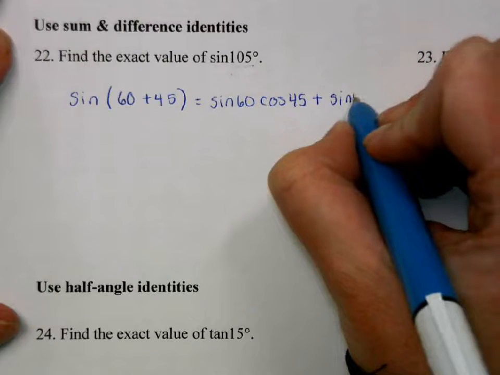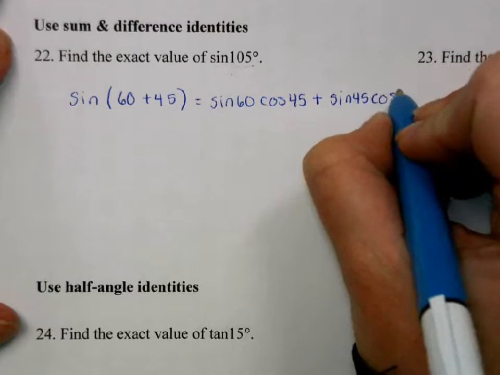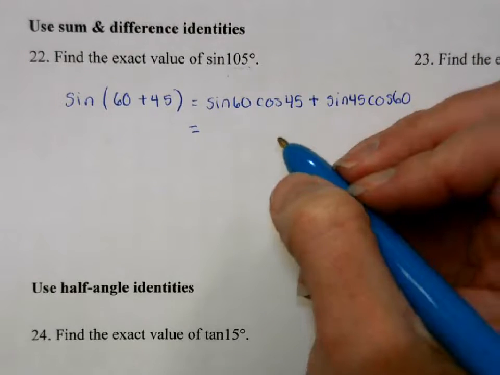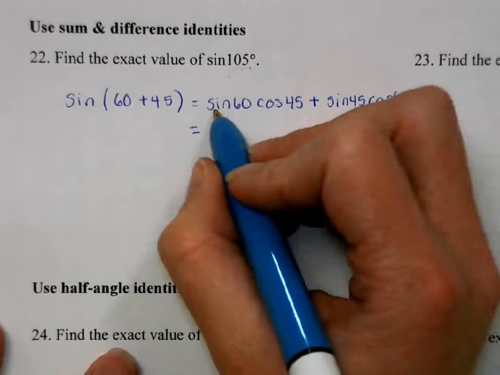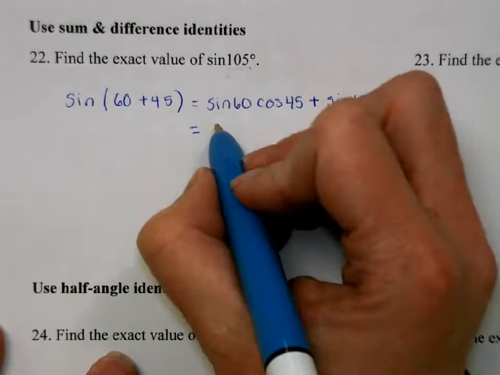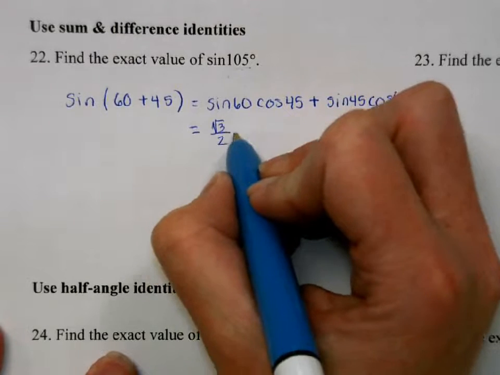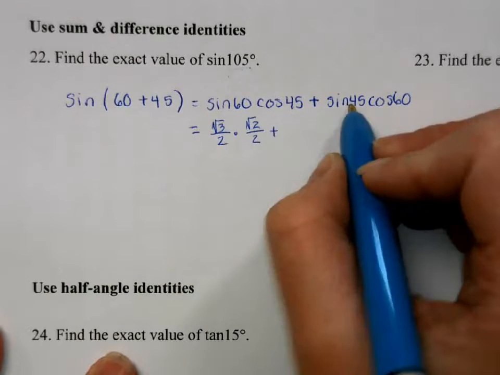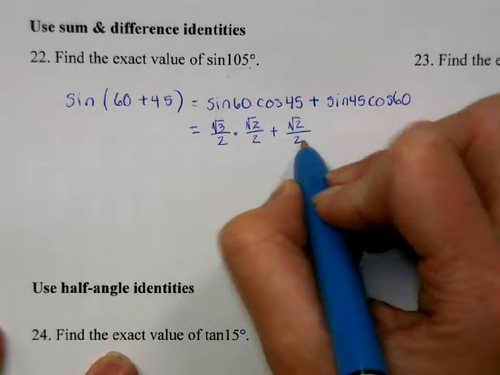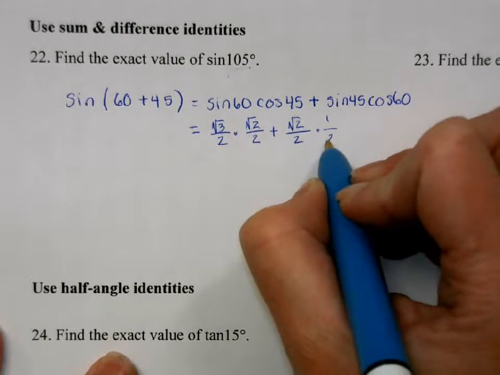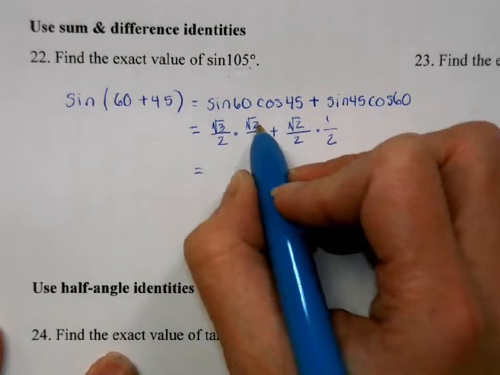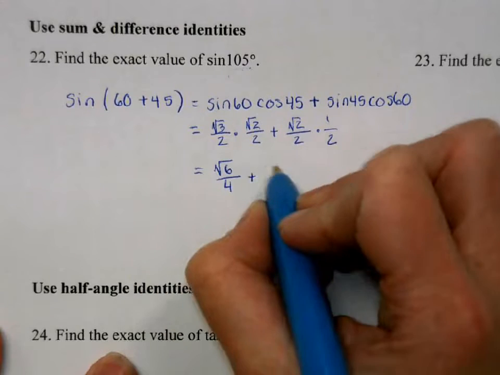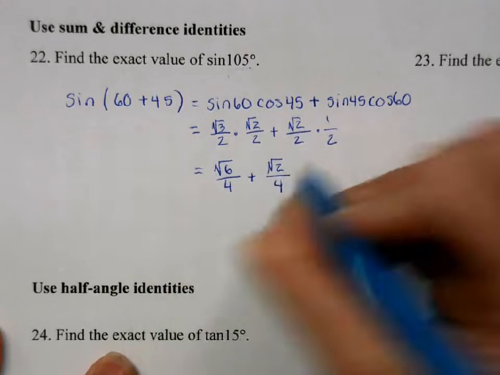And then use your unit circle to evaluate those values. So the y value at 60 is root 3 over 2. Cosine of 45 is root 2 over 2. Sine of 45 is root 2 over 2. Cosine of 60 is 1/2. So root 3 times root 2 is root 6 over 4 plus root 2 over 4. So our exact value is root 6 plus root 2 over 4.